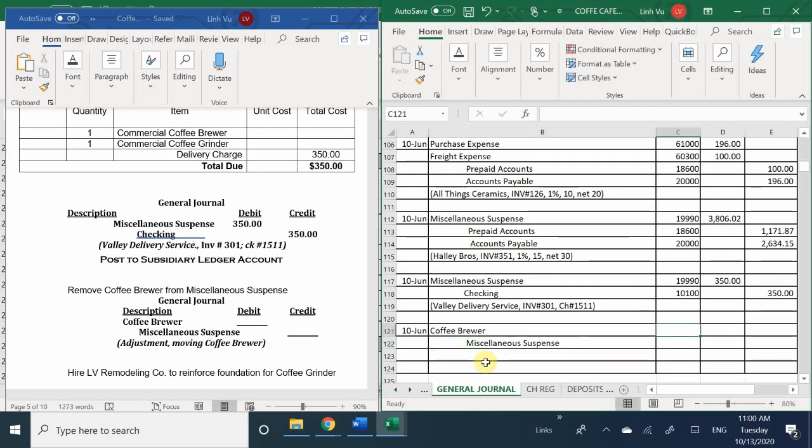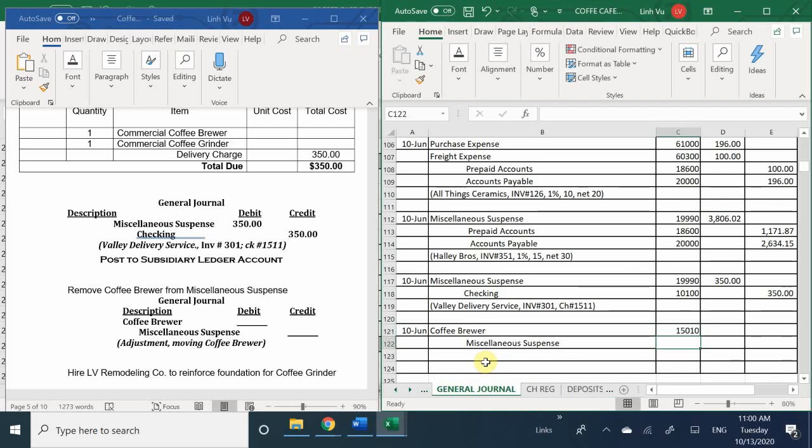So, what is my account number for the coffee brewer? $15,010. 15010.